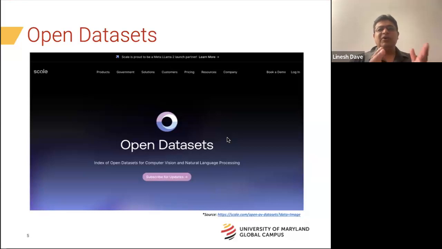So coming over to computer vision, I'd like to open up by sharing with you a couple of resources. One of them is this open data sets called Scale. It has a very wide variety of data sets that I thought I would share with you, if you have not already found out about it. It's a very elaborate and extensive collection for images, for vision, for audio, all sorts of data. This is also a subscription-based website, but you don't have to subscribe.